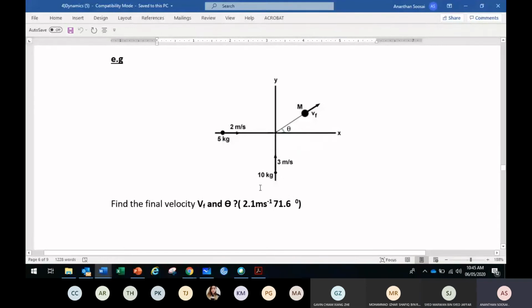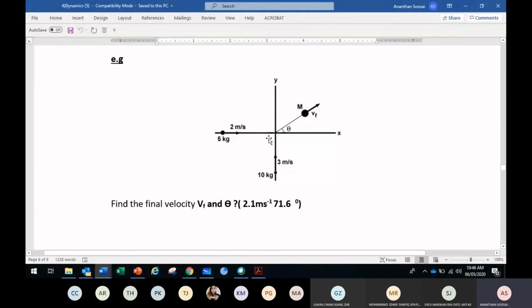For the 10 kg, Py will be negative 30, right? And Px will be 0. After collision, what will capital M be? Because both are connected together, it's going to be 15. So 15 Vf.